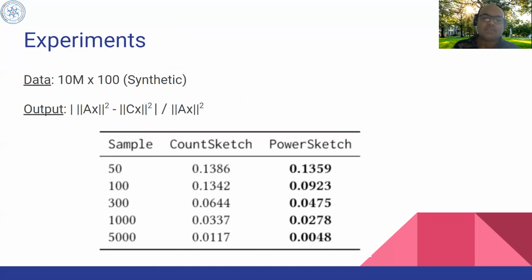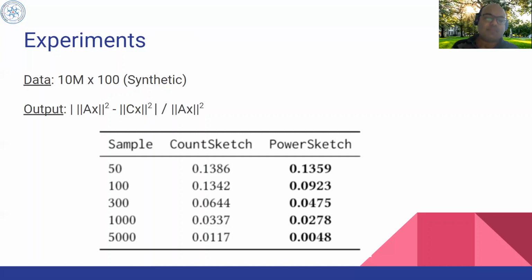We ran this power sketch method and the count sketch method on synthetic data. Our synthetic data size is 10 million cross 100, where each entry is a Gaussian of zero mean and one variance. Now we run these two methods, power sketch and count sketch, for various sample sizes.